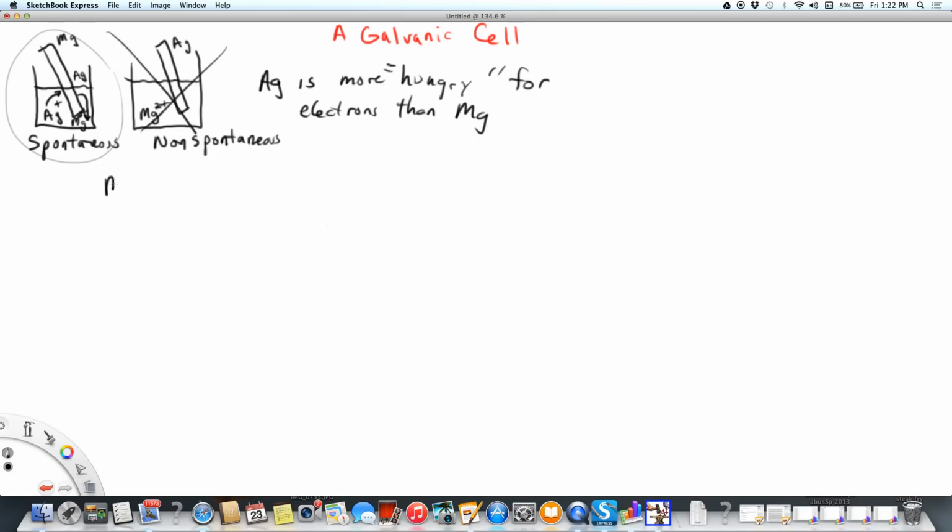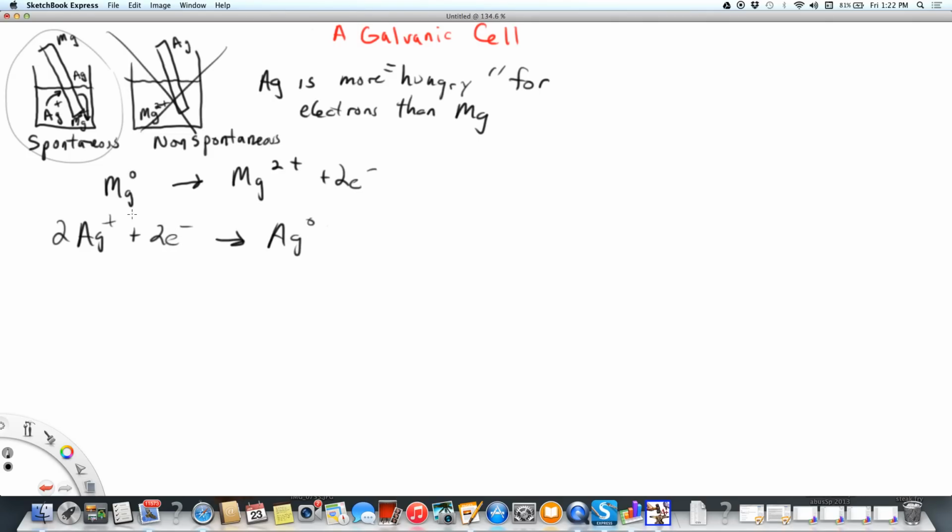So we see that magnesium is going to become magnesium ions plus 2 electrons. And then the silver ion, we can balance this by putting 2, is going to gain 2 electrons to become silver metal.